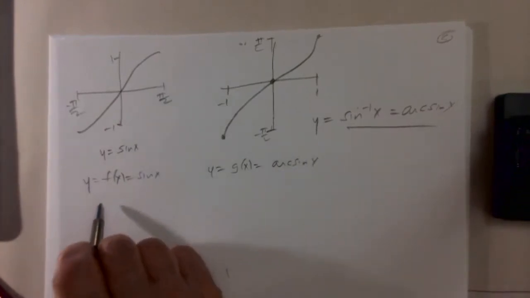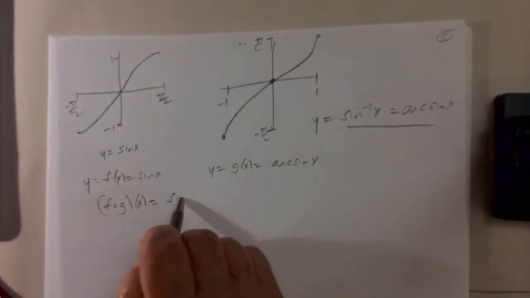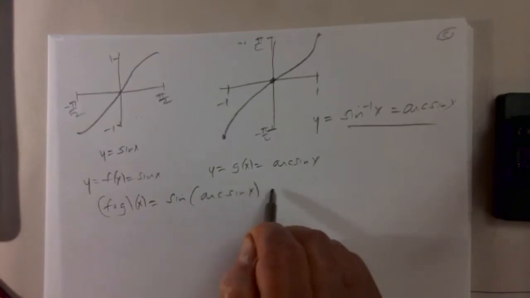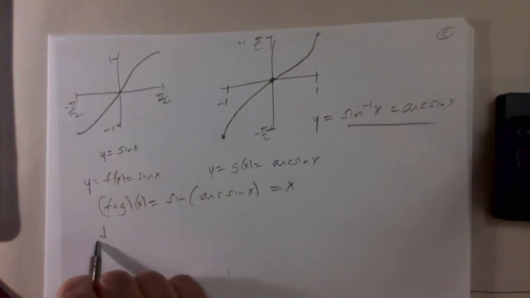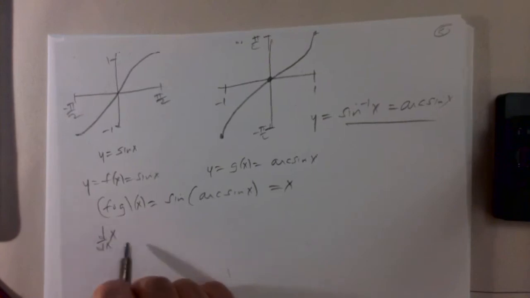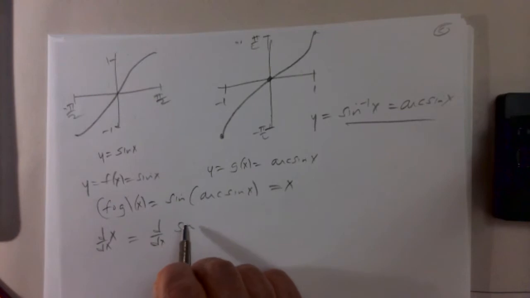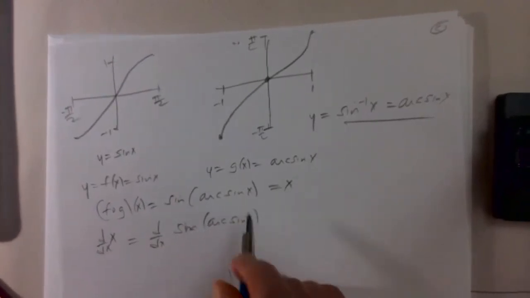So what we know is that f composed with g of x, this means the sine of the arcsine of x, is equal to x. So the derivative with respect to x is the same as the derivative of the sine of arcsine of x.